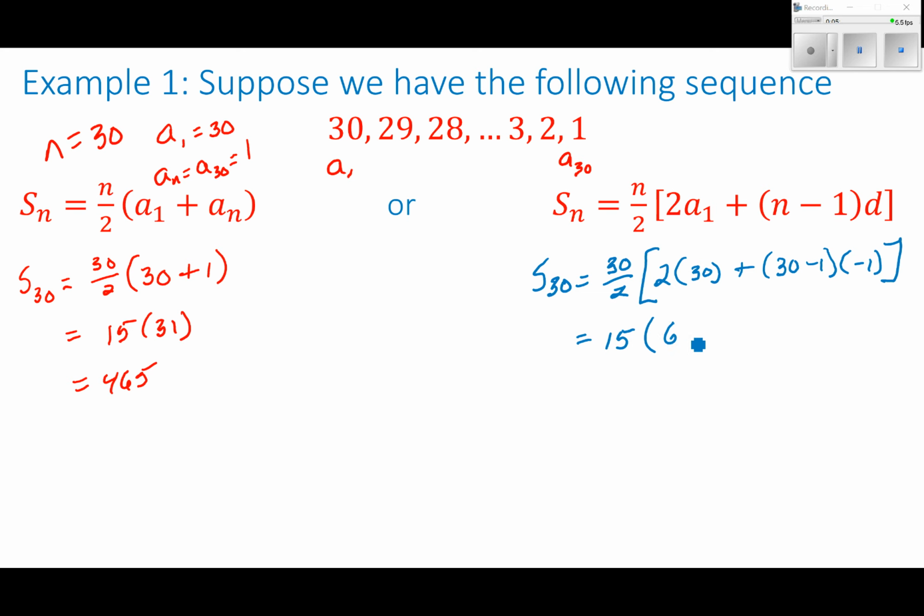In my parentheses now I have 60. 30 minus 1 is 29, times a negative 1 being negative 29. So this is 15 times 31, and we end up at the same spot, 465. So again, either formula would work. The one on the left was a little more efficient because we know the first and the last term, but the second one will work as well.